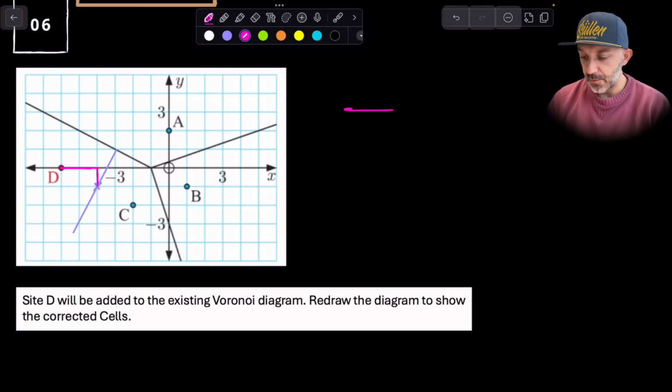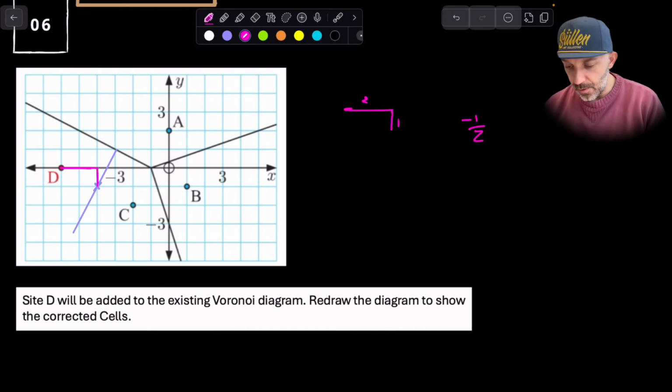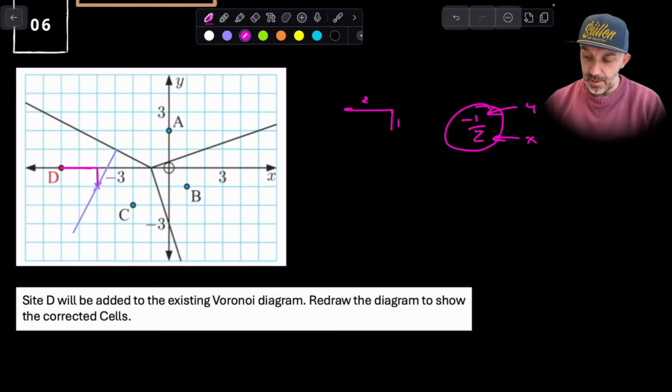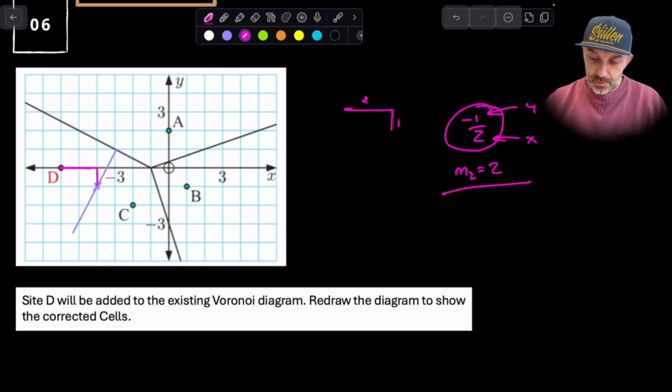So as I moved across 2, I went down 1. So rise over run would be -1 over 2. So therefore, the negative reciprocal of that value would just be 2, okay? Because when you times them together, you get -1. So this is how I could just visually see straight away what the gradient of this was.